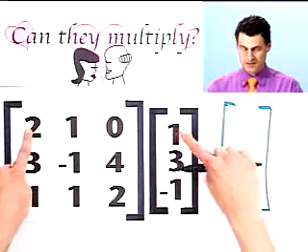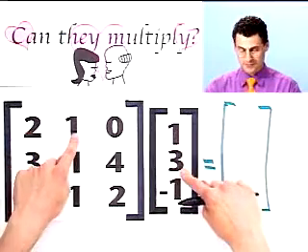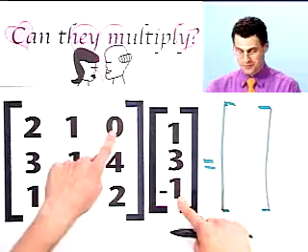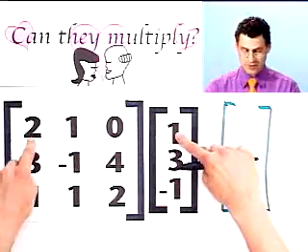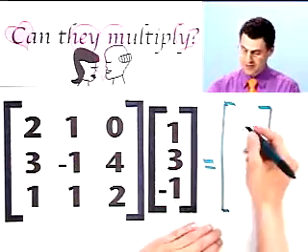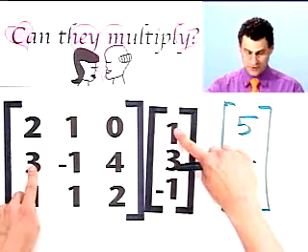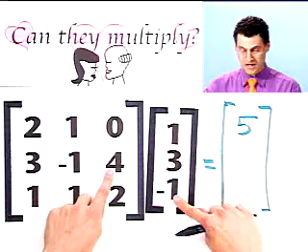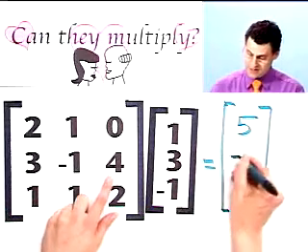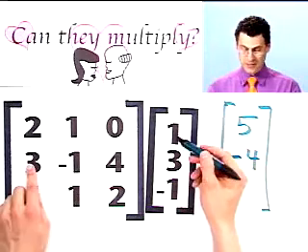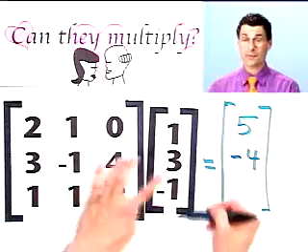So, first spot is going to be 2 times 1 plus 1 times 3 plus 0 times negative 1. So that's 2 plus 3 plus 0. That's 5. Then the second spot, I jump down. You see, 3 minus 3 minus 4. So that's minus 4 when I add those numbers up. Remember what I do? I multiply each term and then add up those answers.